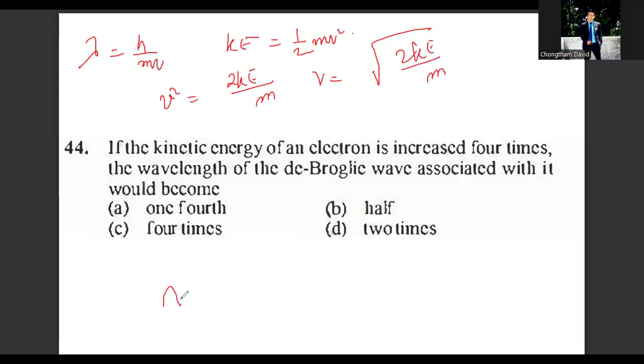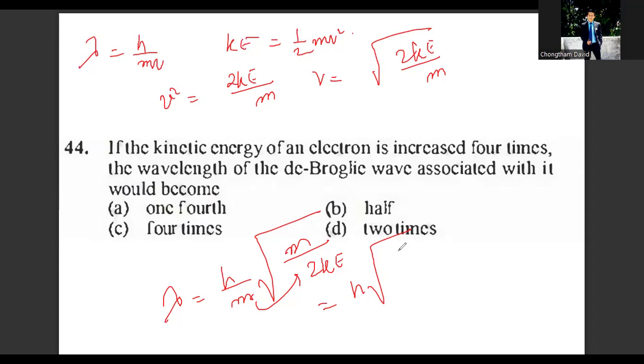Substituting this value, lambda will be h by m into root over m by twice KE, which simplifies to h by root over twice m times kinetic energy. Since the wavelength is inversely proportional to root over kinetic energy, when kinetic energy becomes 4 times, the wavelength would become half. So for question number 44, the answer would be option B.